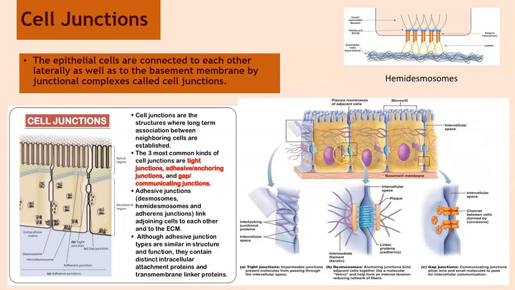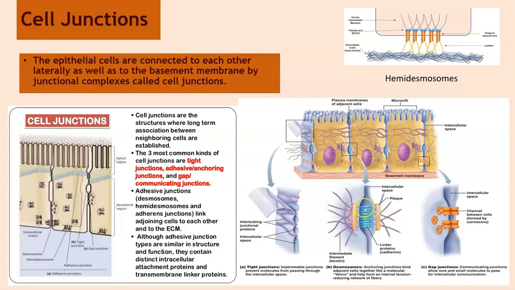Here you have the tight junction, here you have the desmosome type of junction, and here you have the gap junction. In the tight junction, you can see here you have the interlocking junctional proteins, and in between you will see the intercellular space. In desmosomes, the anchorage junctions, they bind to the adjacent molecules. Can you see here?